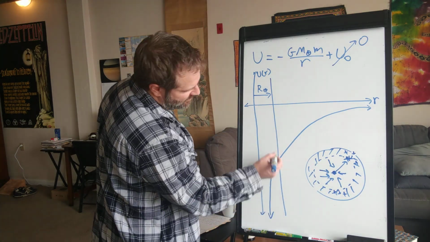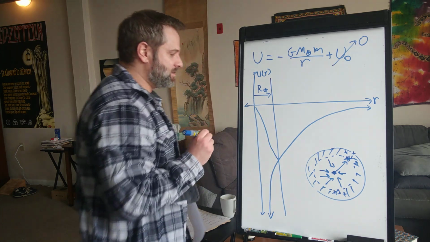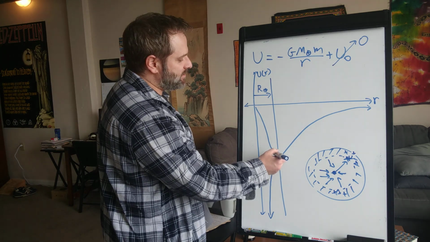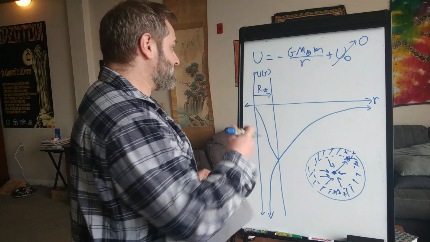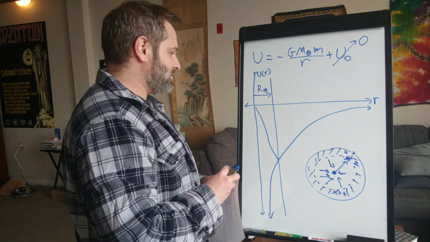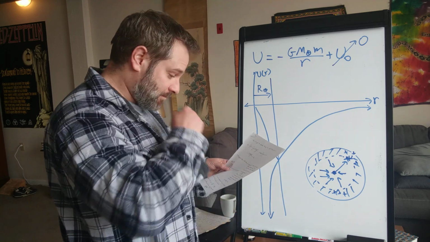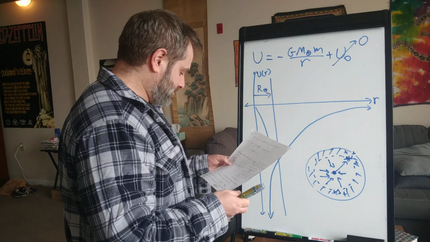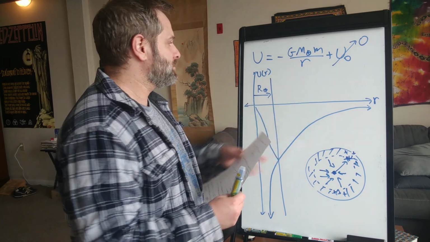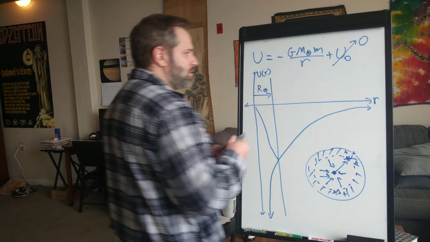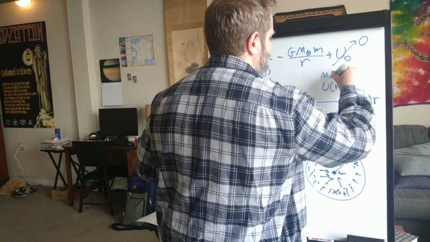So as I get down to here, this goes back up to 0 essentially, because there's less and less gravitational force that can affect me. So again, we've defined U as a function of r equals 0 as maximum energy.